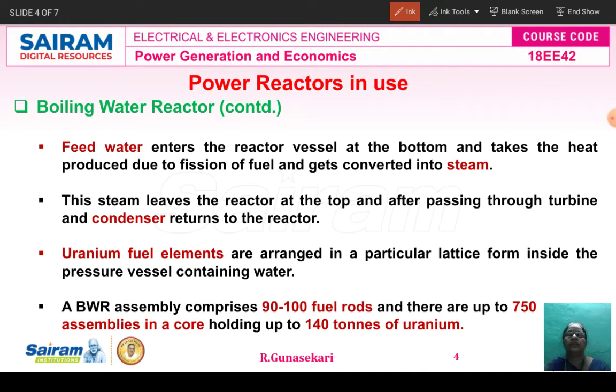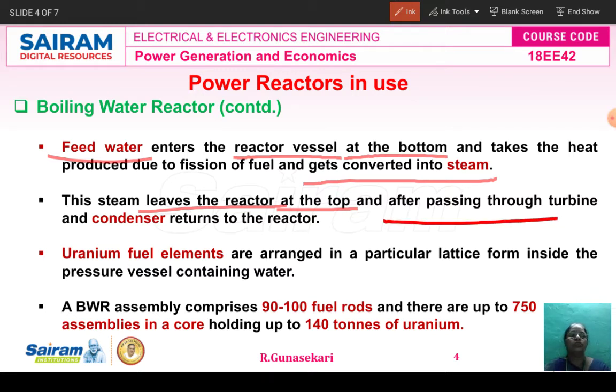The feed water enters the nuclear reactor vessel at the bottom and takes the heat produced due to fission of the fuel, and this feed water is converted into steam. This steam leaves the reactor at the top, passes through the steam turbine, and the condenser returns the water to the nuclear reactor.